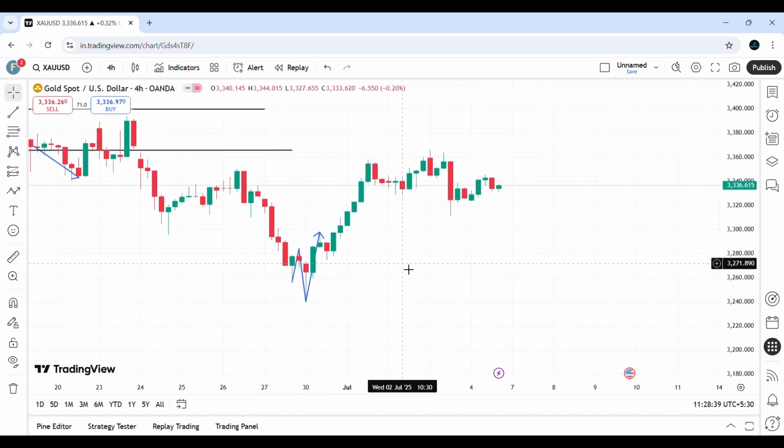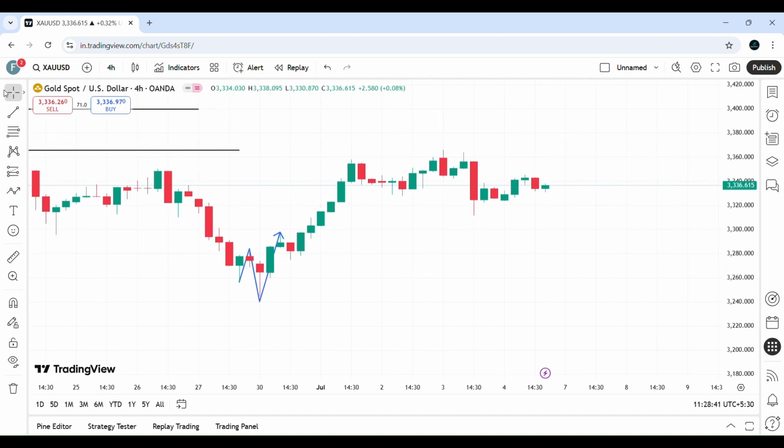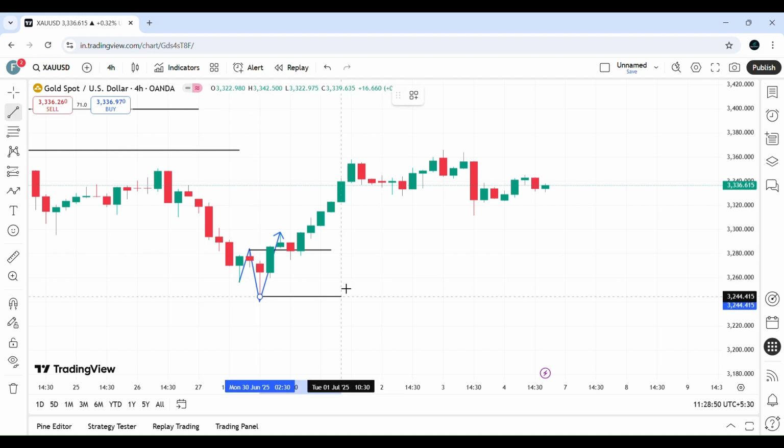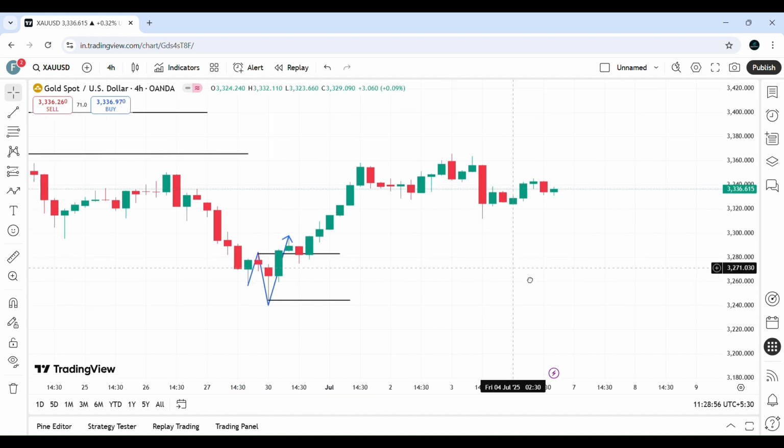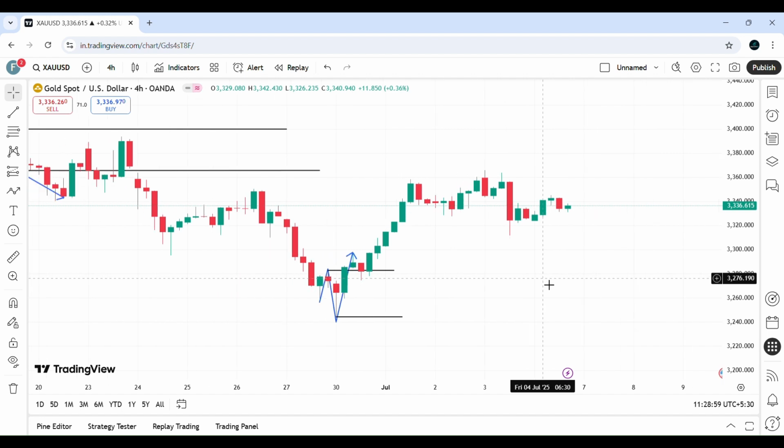So now where do you mark your neckline? It's right over here, here, and here. See, where did price return to before flying again? It gave you a pullback. So that's what I'm basically saying.